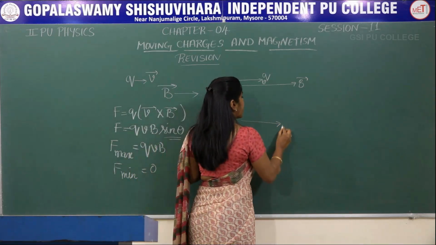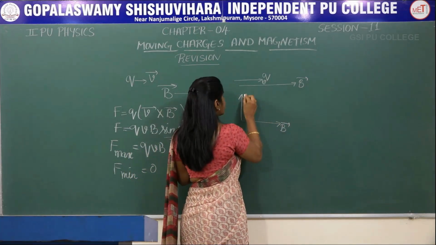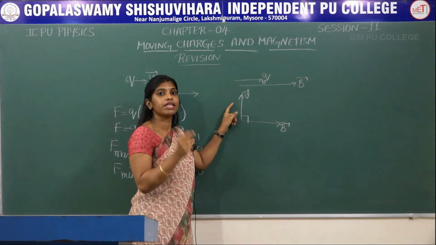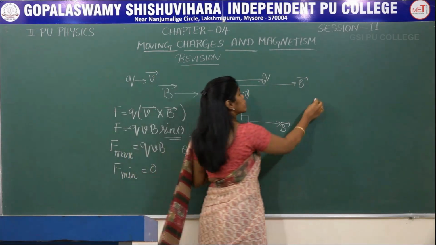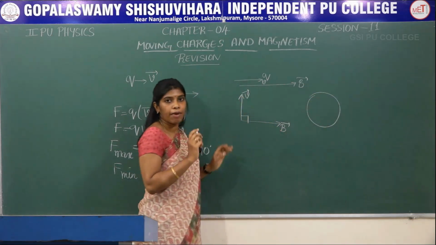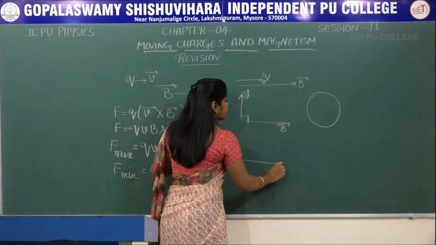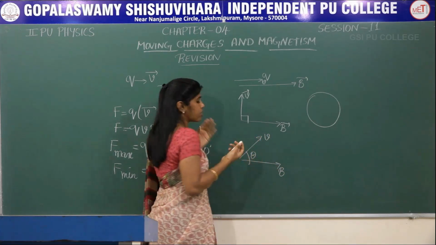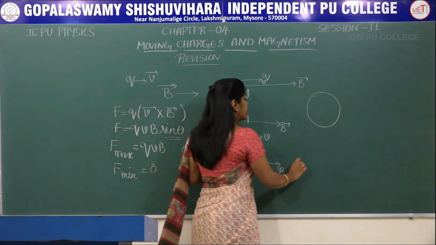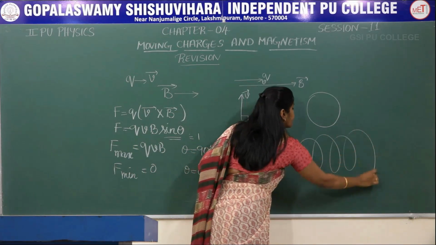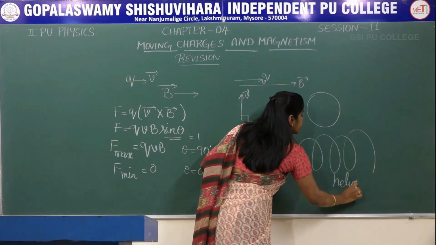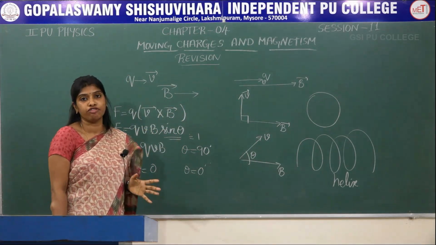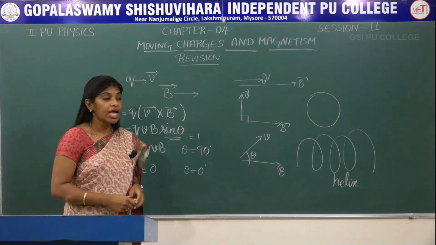Now if the magnetic field and the motion of the charge are perpendicular to each other, then the charge experiences maximum force and takes up a circular path. And if the charge is moving with some velocity at an angle theta to the magnetic field, then the path followed by the charge will be a helix. Remember these trajectories of a charged particle under the influence of a magnetic field.